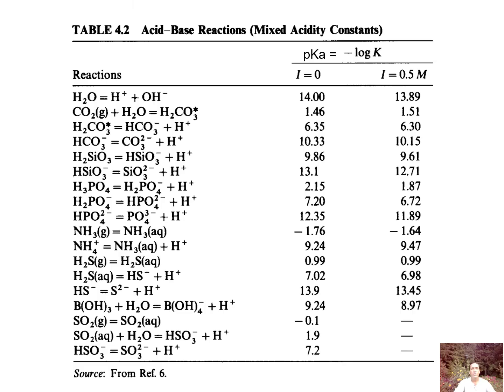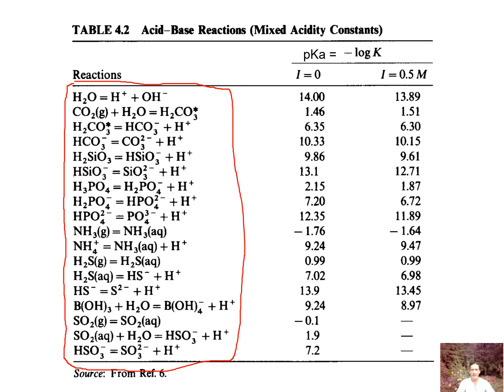And last, here are some reactions that occur in natural waters. And these are all equations written as acid dissociations. So we're looking at Ka values. There's a few in here that are just showing, say, a gas dissolving. But most of these that have the H pluses, these are K values for the dissociation of a weak acid.